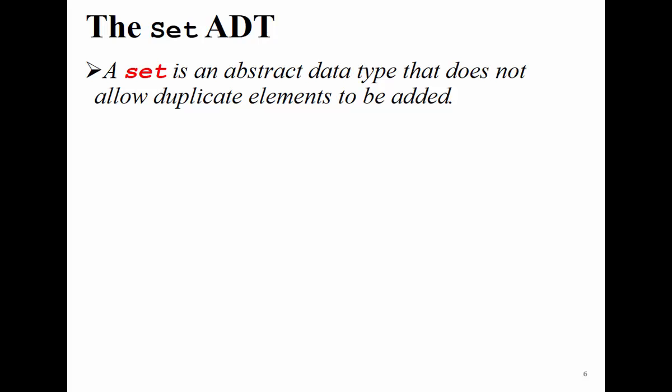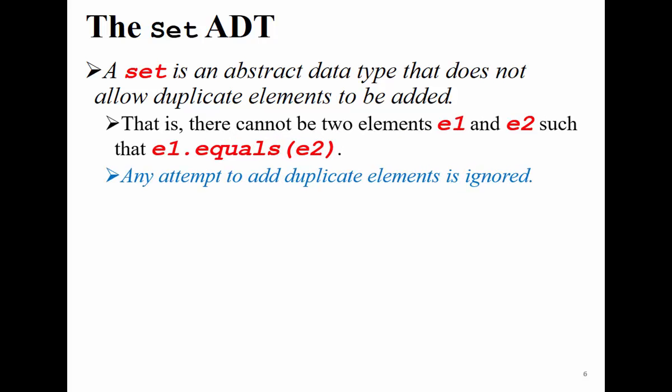The difference here is that set does not allow a duplicate element inside the set. We cannot insert two elements. If you have element 1 and element 2, and element 1 dot equals element 2 returns true, there will be only one element inside the set. We cannot insert element 2. And any attempt to insert element 2, which is equal to element 1, inside the set will be ignored.